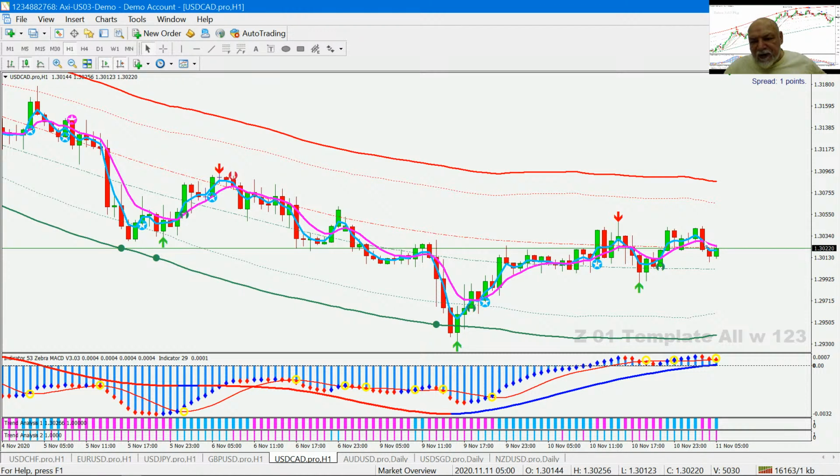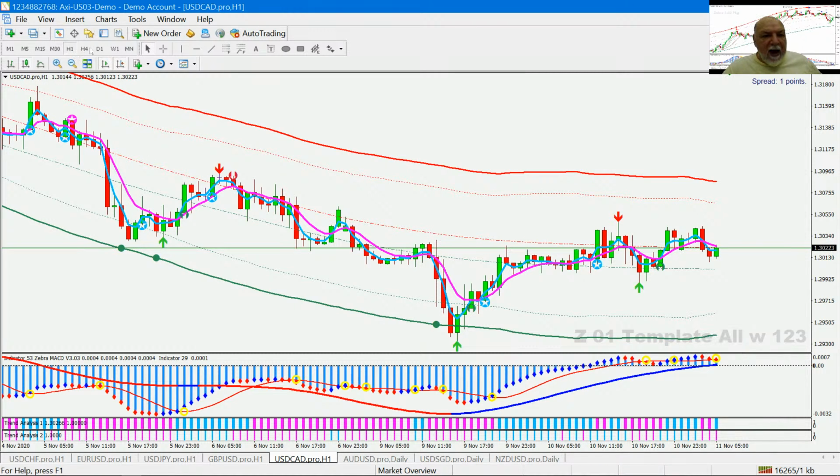The moving average blue is below the magenta, so there's a little bit of coming down. So the 1-hour is not helping me at all in terms of trying to figure out what's going on. And it bodes well to the fact that price could still come back down into the lower band here, or closer to the lower band.